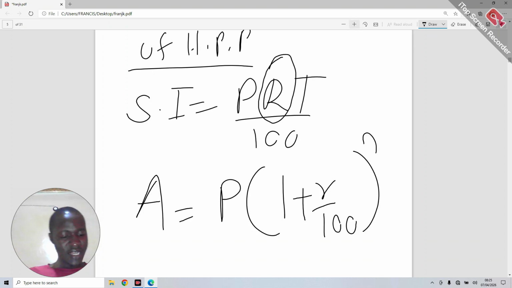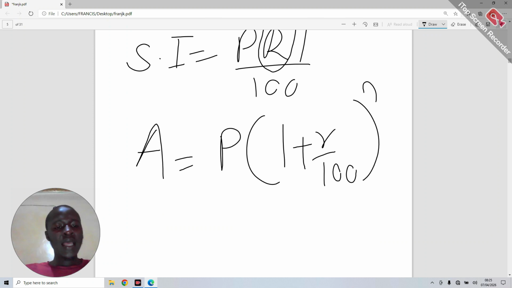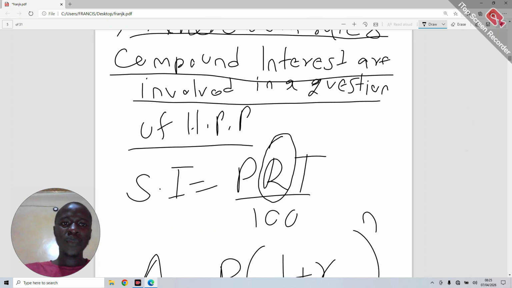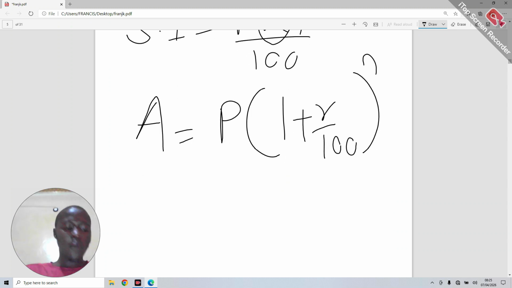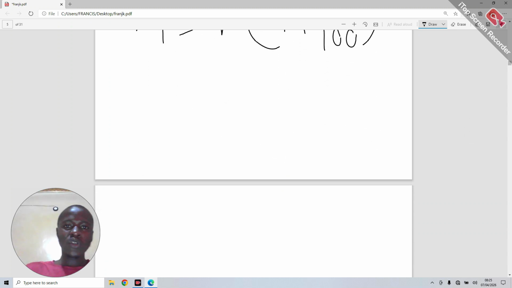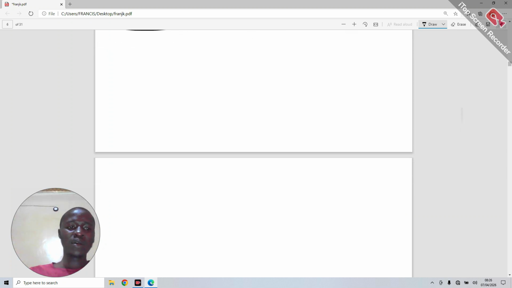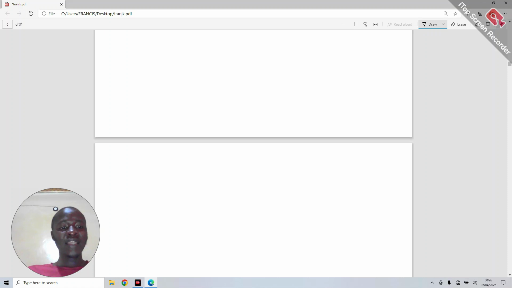Right, all right. So, let's take an example where both rate and compound interest are involved in a question of higher purchase price. So kindly, if you have your mathematical equipment, the calculator, the pen, the book, whatever, you will kindly note this down. The cash price of a cooker is 27,500 shillings.